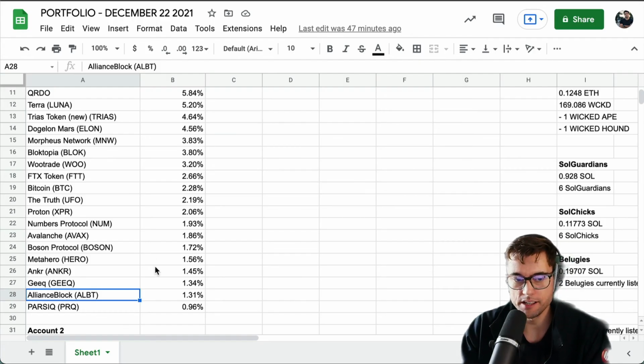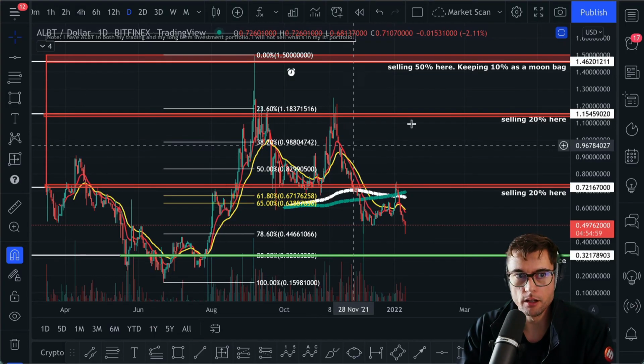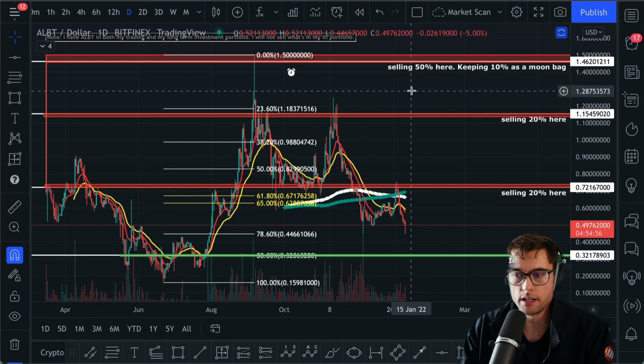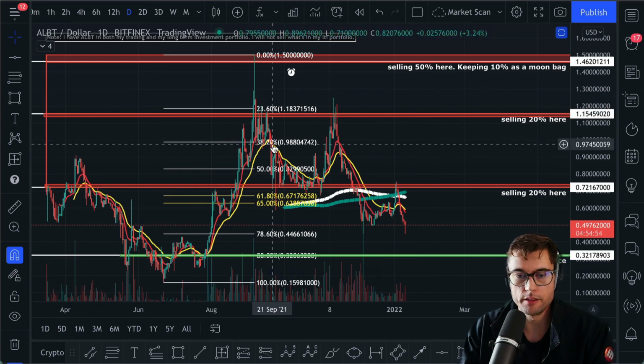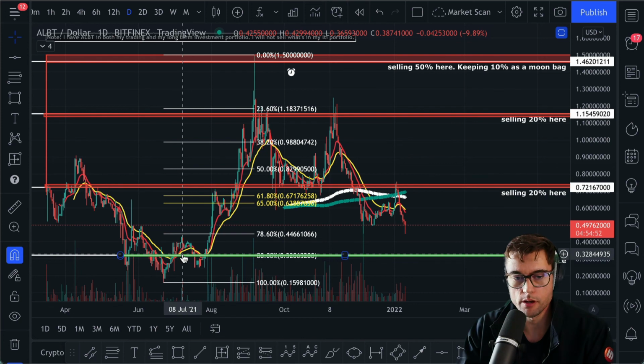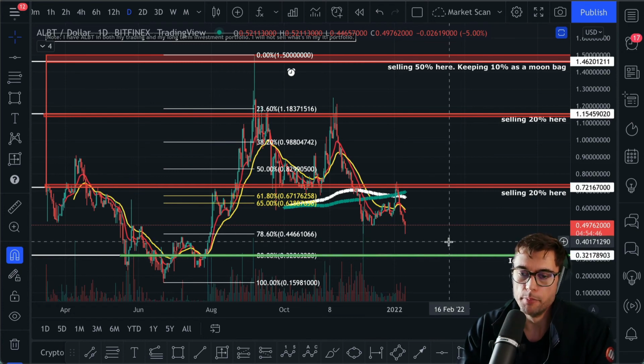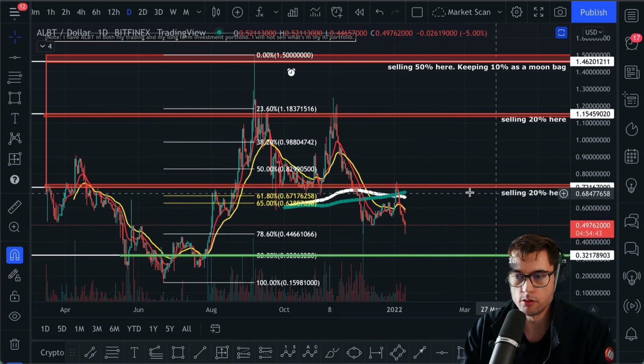Next up, we got Alliance Block, or ALBT. All right, so for ALBT, this is my game plan. I bought this a long time ago on Uniswap as well. And if it actually comes down to 32 cents, that would be a really good buy, to be honest. But what I'm going to do is set a sell order to sell 20% right here at this pretty big resistance.